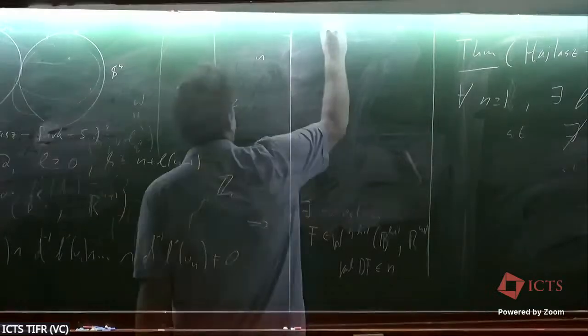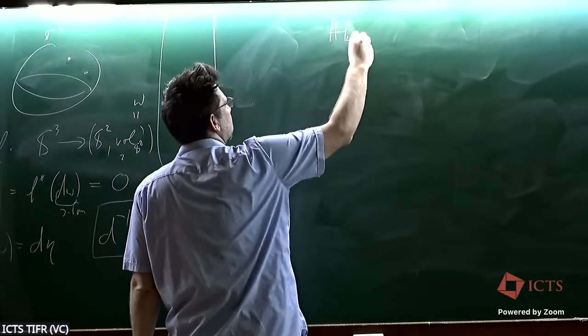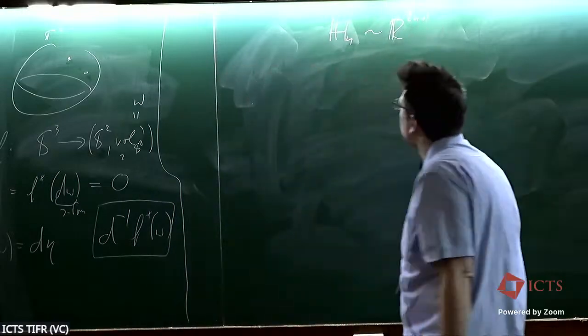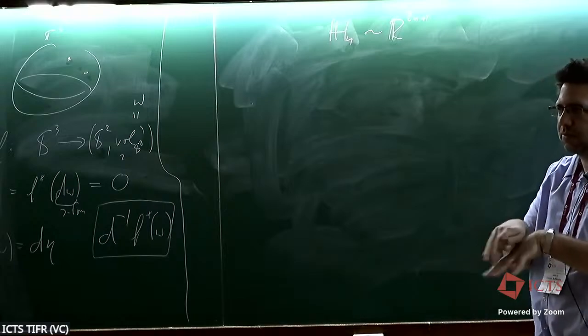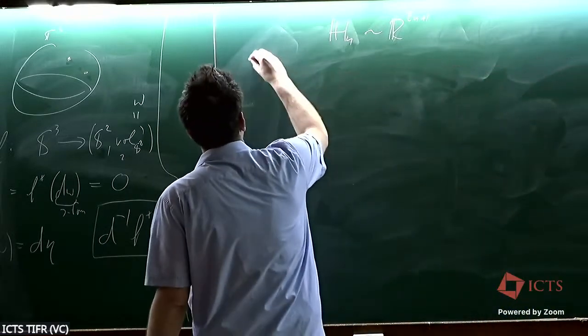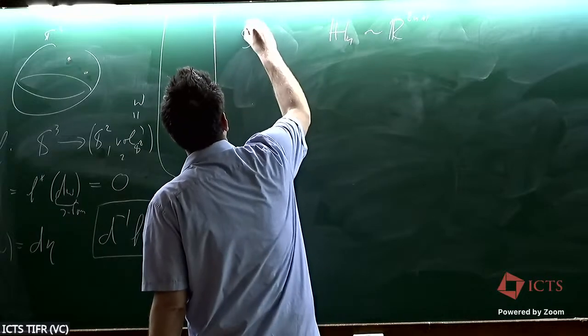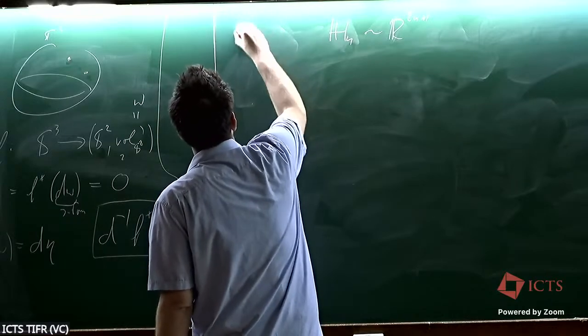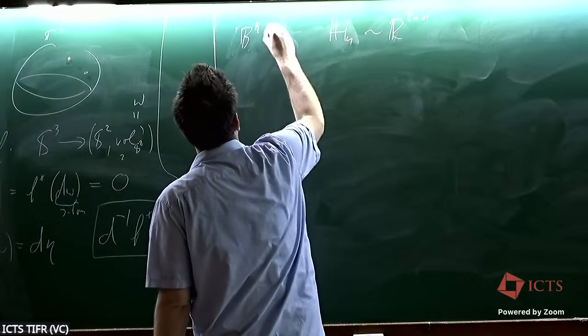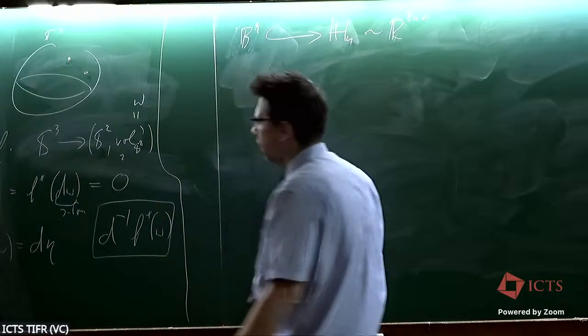So if you know the Heisenberg group, some weird space, which goes like R^(2n+1), but it has this weird metric structure. And you can ask yourself, okay, can I embed a k-dimensional set, like the ball B^k, into the Heisenberg group?